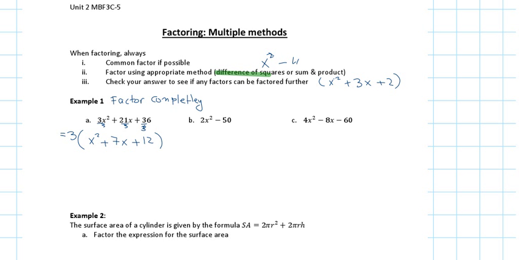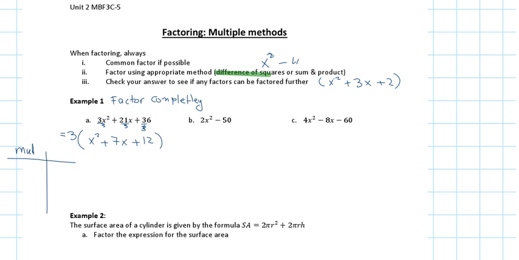So if I'm looking at the sum and product, I'm looking for 2 numbers that multiply to 12 and add to 7. So remember your multiplication. Multiply to C, and add to 7. What multiplies to 12?